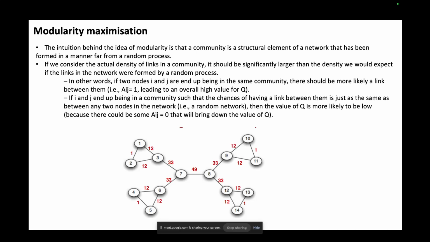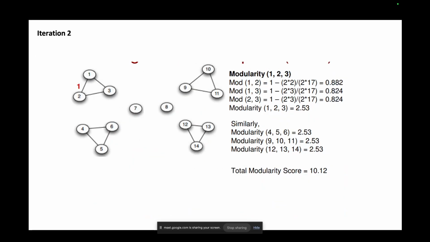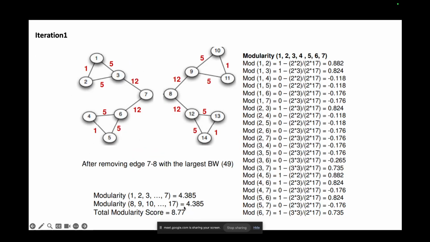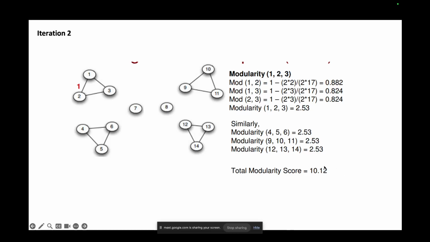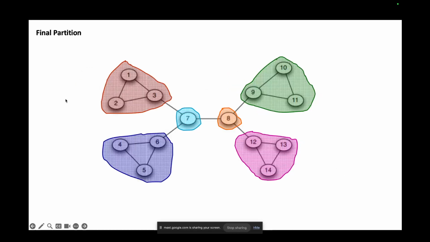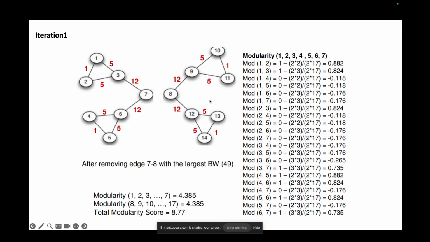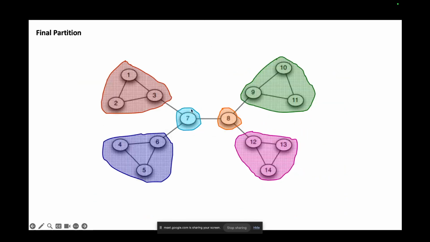If you have more value, you accept the next set of partitions and reject the older set of partitions. That is what you do here. You went from 8.77 modularity score to a modularity score of 10.12. That means this is a better partition than the older one, which is this. So actually, the final partition.